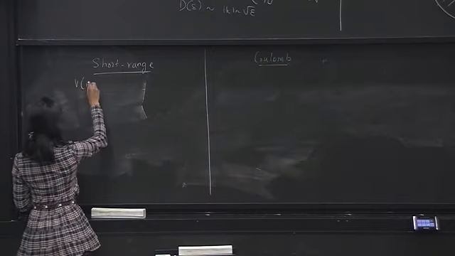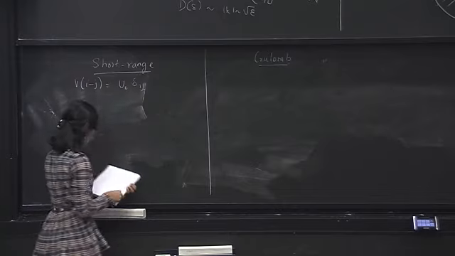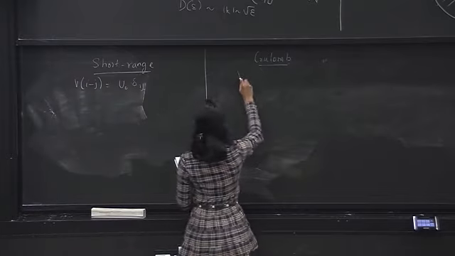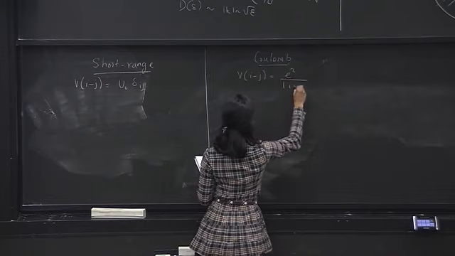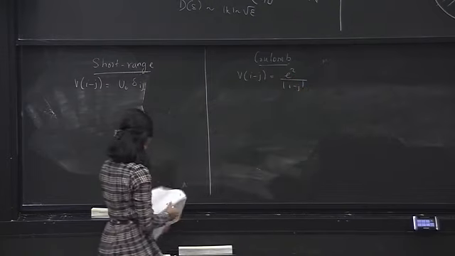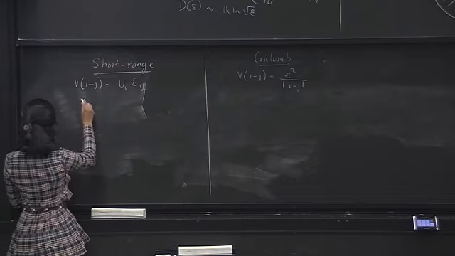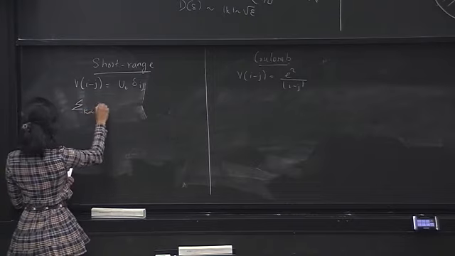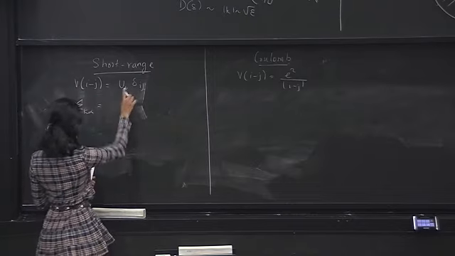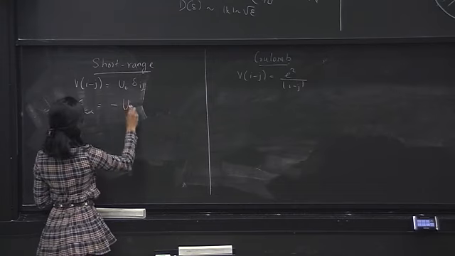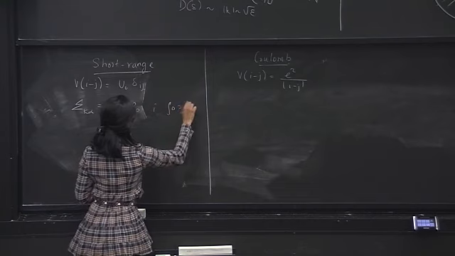So again, the short range case meant it was only repulsion on site. Coulomb was this. And so when we plug in for the formula here, we actually find that this is rho 0, where rho 0 is the density.